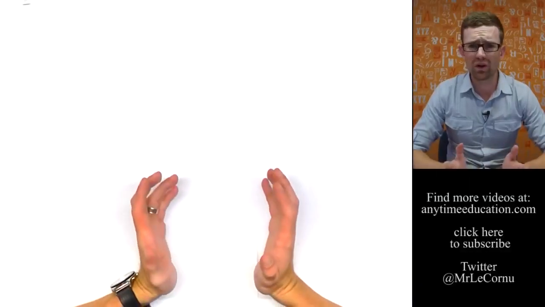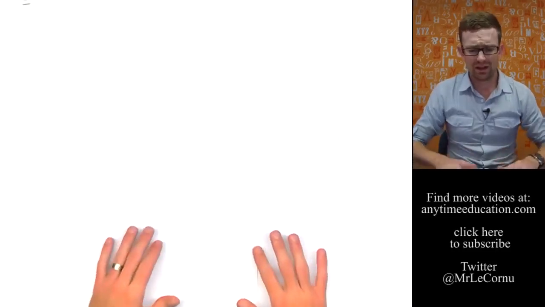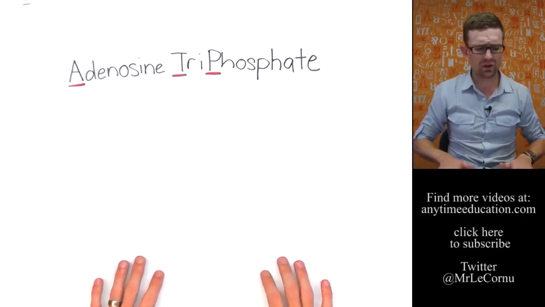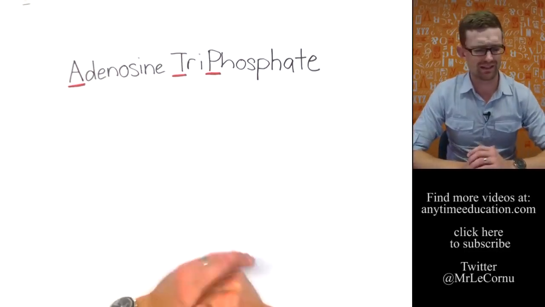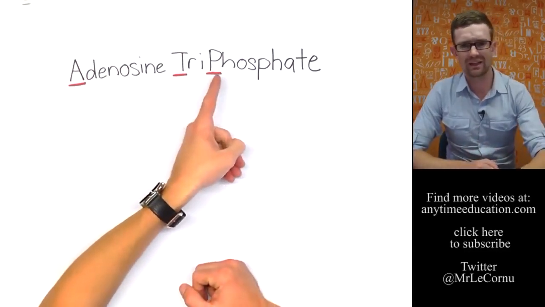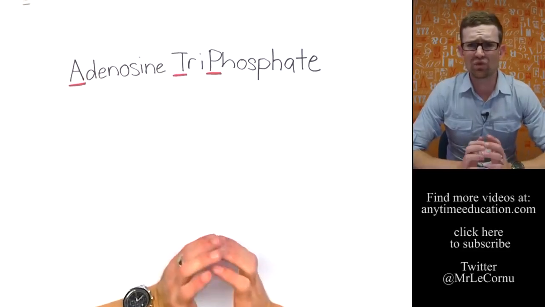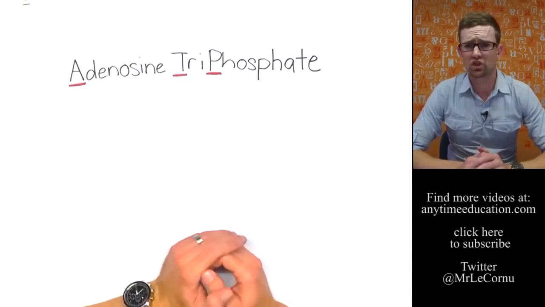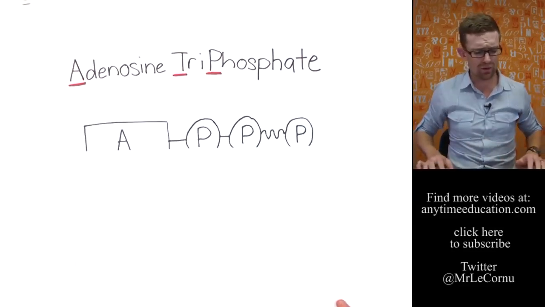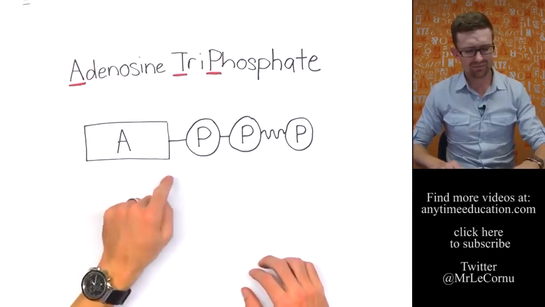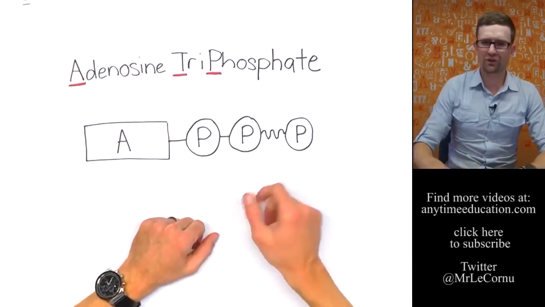Okay, well firstly, what is ATP? ATP is this molecule called adenosine triphosphate. That's where it gets its name from, ATP. And it's a really important short-term energy storage compound in cells. It's made up of adenosine and 3 phosphate groups.